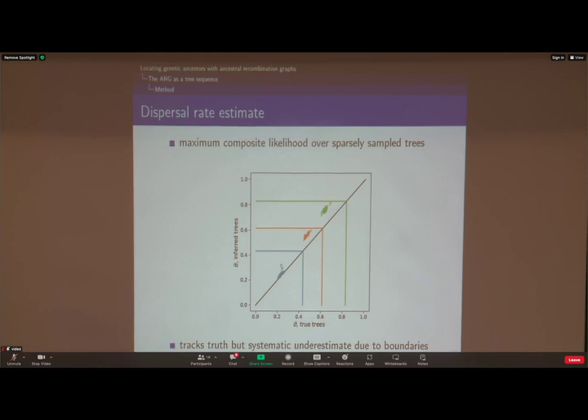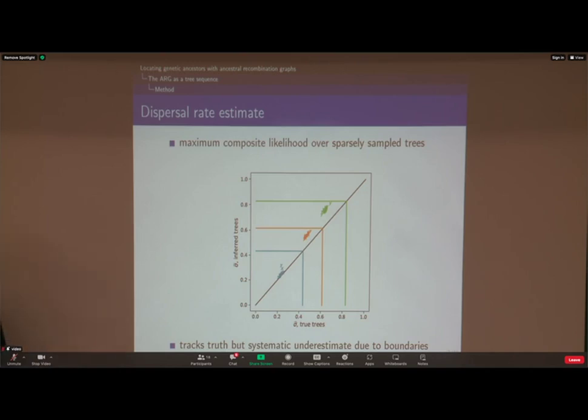The estimate from the inferred trees is less biased. Yes, if you estimate from the inferred trees, where we split out a VCF from the simulation, infer the trees with Relate, and then estimate the dispersal rate from those trees, it is less biased. That's because there's some bias in the inference of the trees, and that cancels out a little bit.